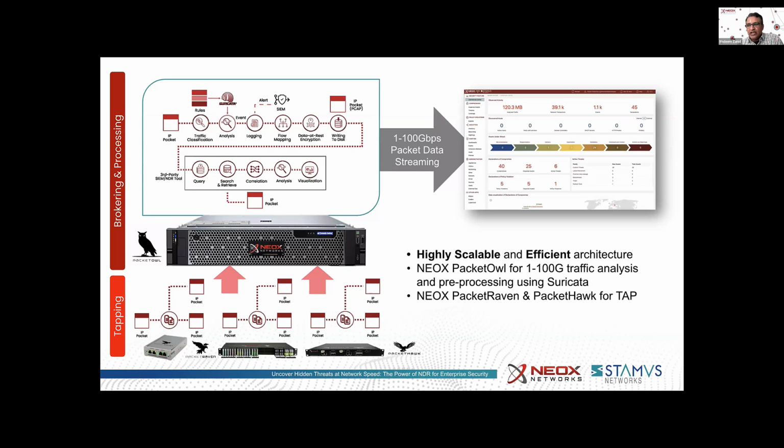The Packet Owl will look just like a tool, and then from Packet Owl you feed into a Stamos server, which Phil is going to talk about. Or if you have a reasonably sized network, you can feed taps directly into Packet Owl as well. So there's a lot of flexibility, and sky's the limit for how you want to use this device. Going to the next one.